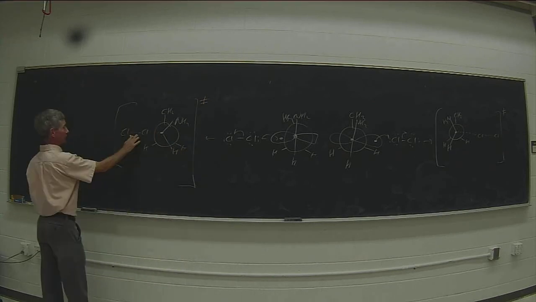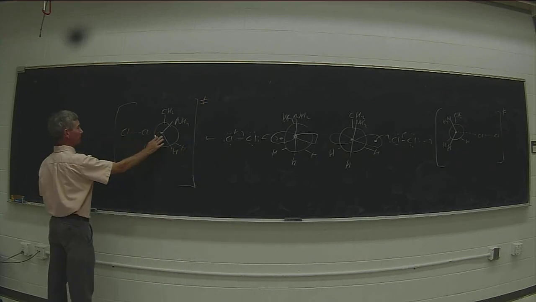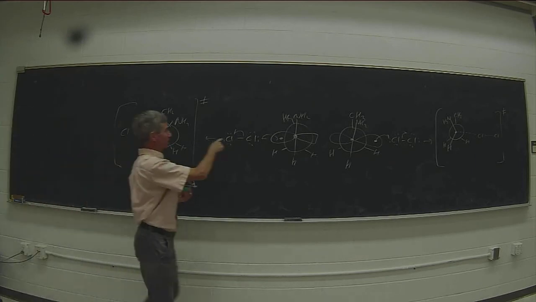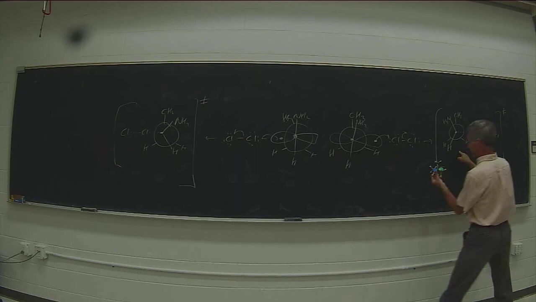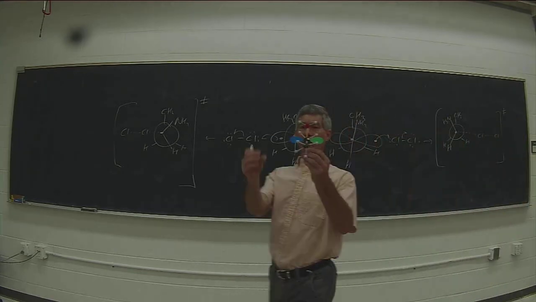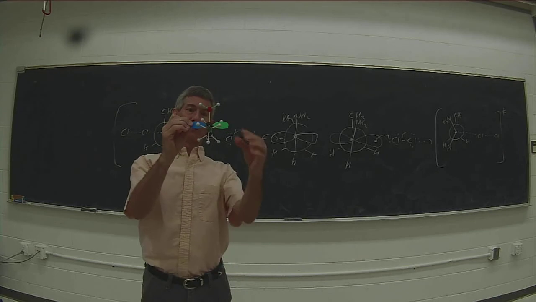Again, partially breaking the Cl-Cl bond and partially forming a C-Cl bond. This transition state is the mirror image of that transition state, reflecting the fact that there's no preference for attacking the one lobe versus the other lobe.